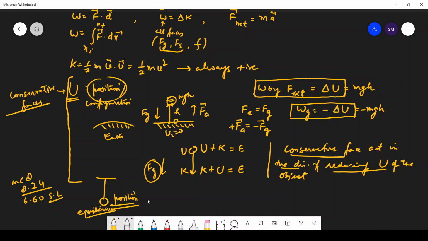Why? Because its potential energy is minimum over here. The potential energy is minimum at this position, and we also take potential energy as zero over here. Potential energy can be negative also.